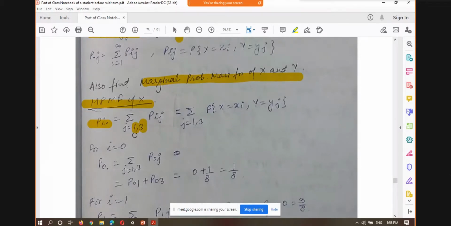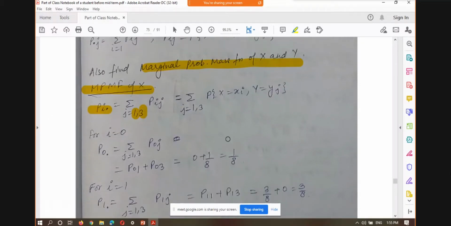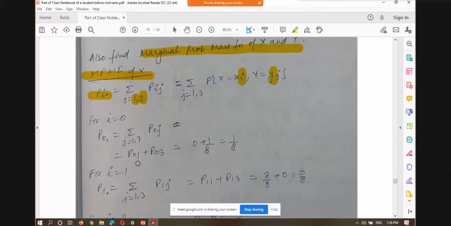So the summation over j equal to 1, 3 of pij is the summation over j of the probability that x equals xi and y equals yj. In that particular case, xi is i and yj is j. So for j equal to 1, 3, we have p0j, that is p01 and p03.